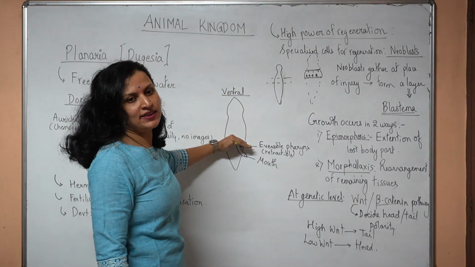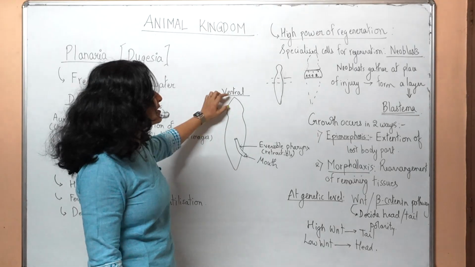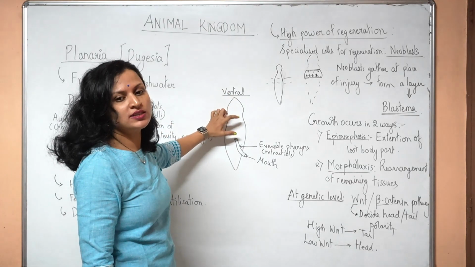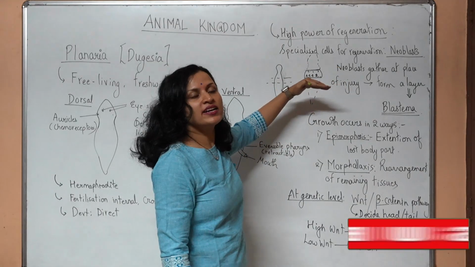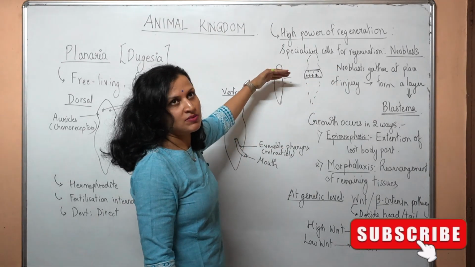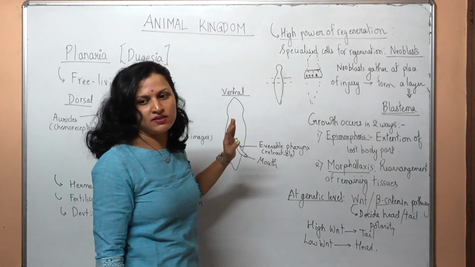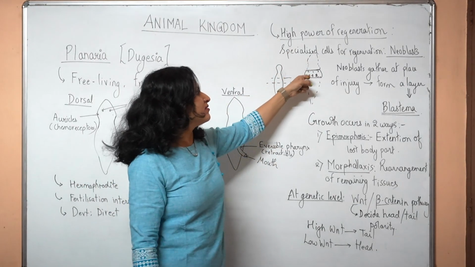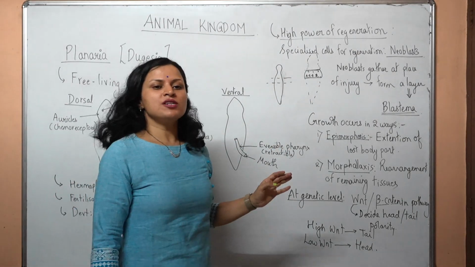There is like a gradient. The WNT is more towards the tail and less towards here. It goes on increasing like this. So it will check which side has less WNT. That means this is supposed to be the head region, and wherever it is more, this is supposed to be the tail region. So this is how it will decide where to form the head and where to form the tail. Clear? So that was it about Planaria.